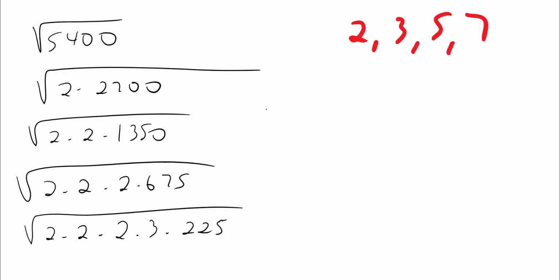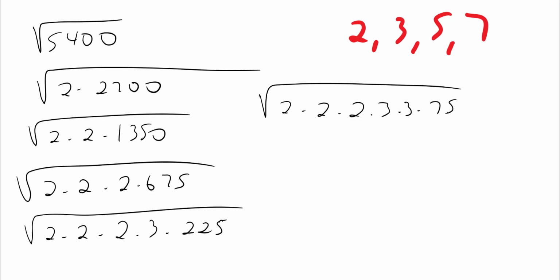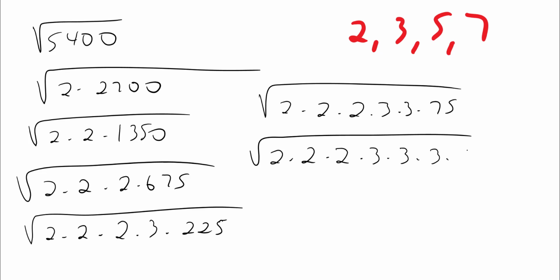Oh, good, 75. Okay, so 2 times 2 times 2 times 3 times 3 times 75. Okay, I'm going to divide 75 by 3. Oh, perfect, 25. Okay, so it's 2 times 2 times 2 times 3 times 3 times 3 times 25. And then I can't divide 25 by 3.